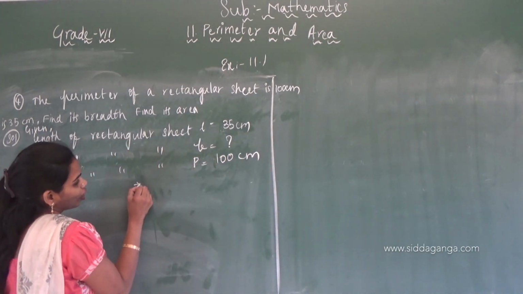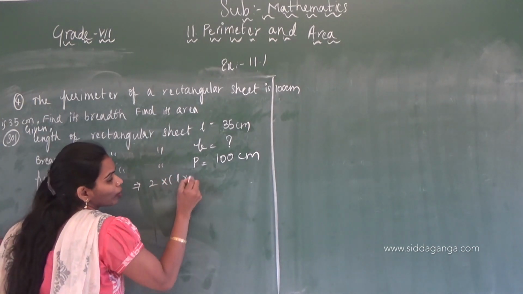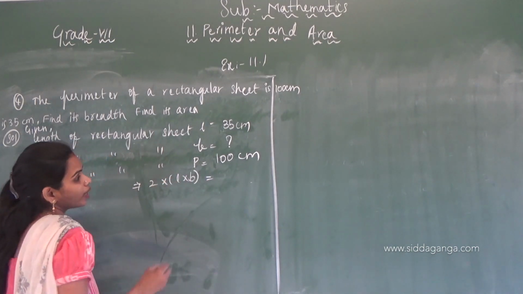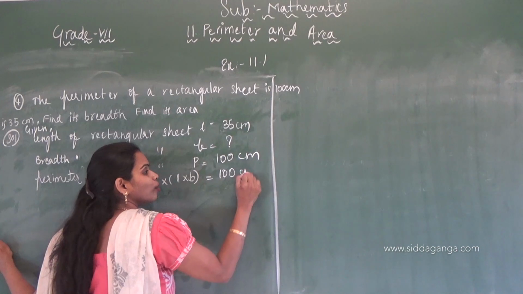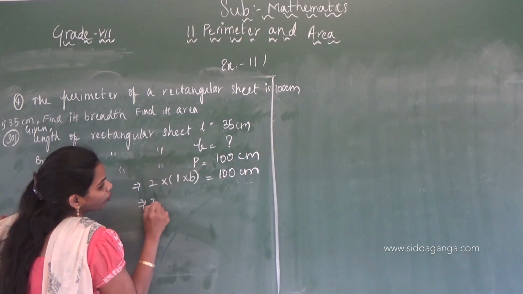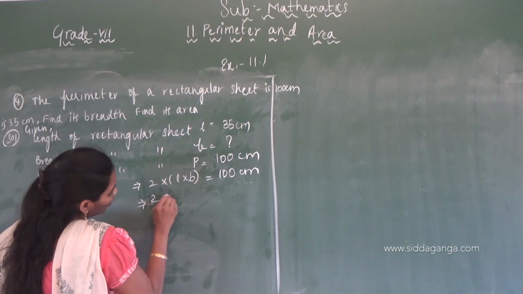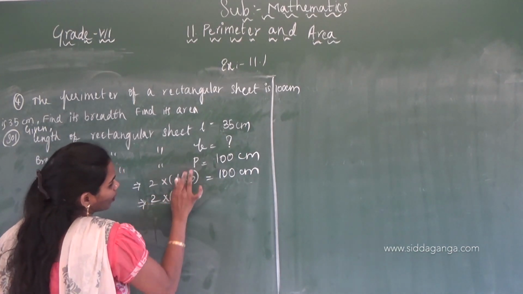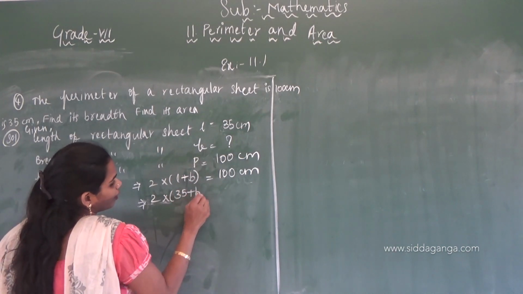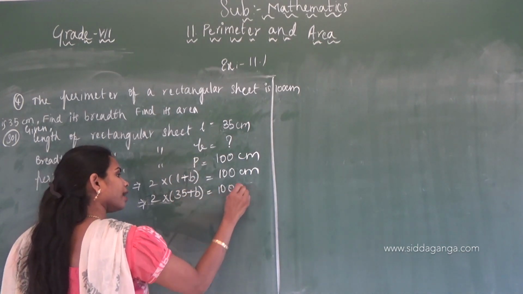We have to find its area. We know that the perimeter of a rectangle is 2 into (L plus B), that is 100 centimeters. 2 into (35 plus B) equals 100 centimeters.